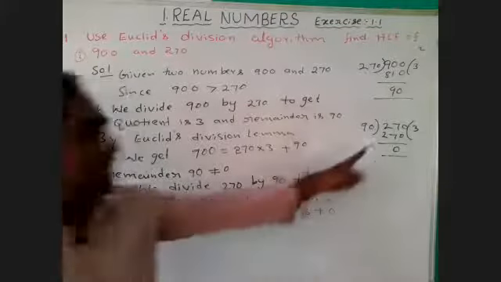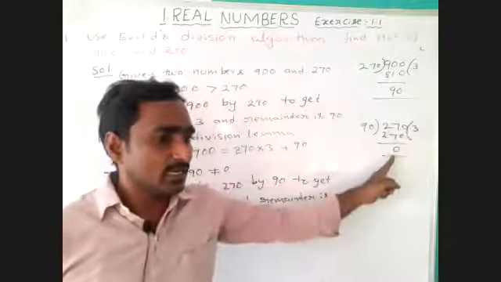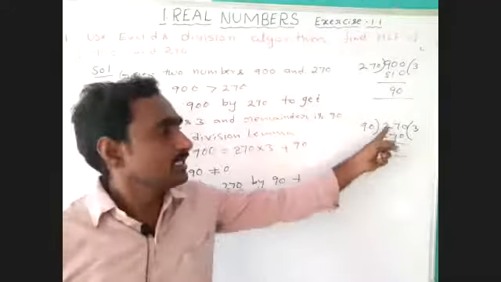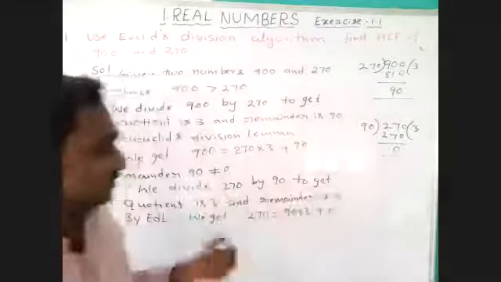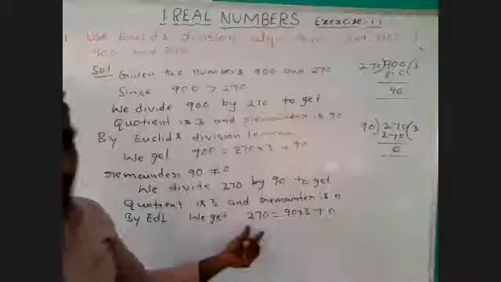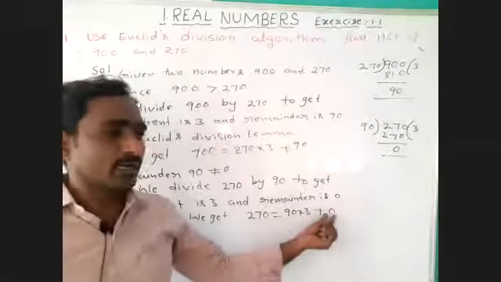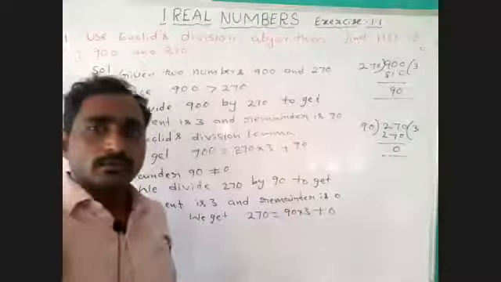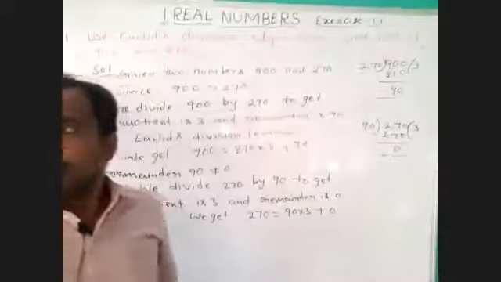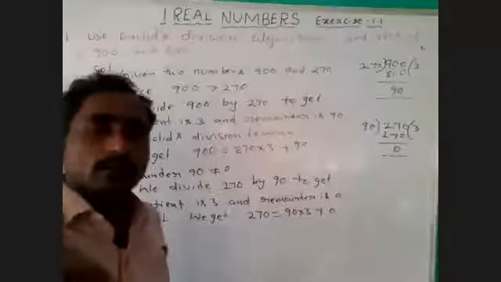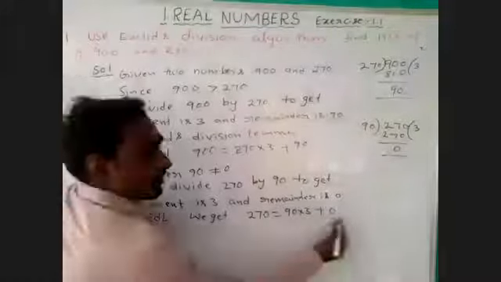Means 270 is the dividend, then divisor into quotient plus remainder. Here the remainder is 0.